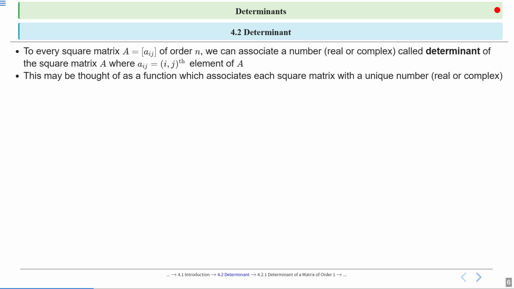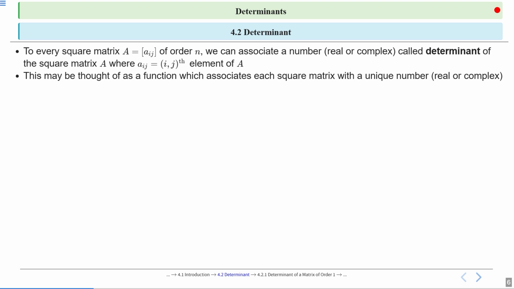So what is a function? We define a function from a set to another set. The first set is called the domain, another set is called the codomain, and for each element of the domain there exists a unique element in the codomain, and the set of all images is called the range. So we can relate it as a function.